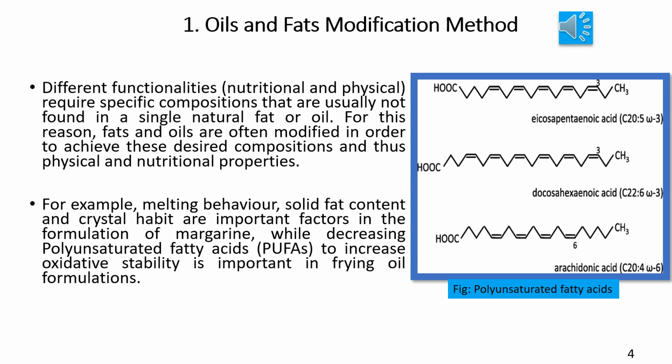Why are we decreasing the amount of these fatty acids? Because they are unstable and we need stable oil and fats. On the right hand side, you can see a picture of the polyunsaturated fatty acids group containing the omega-3 fatty acids compound.